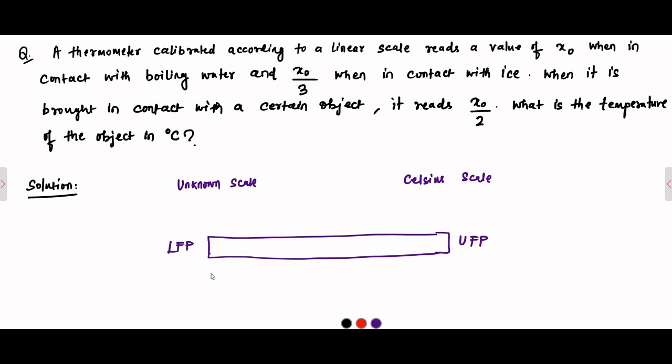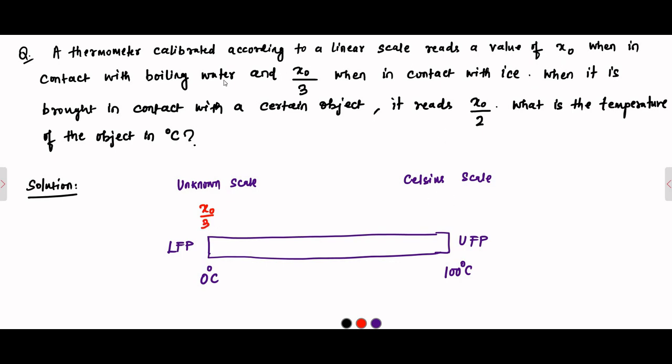Now, lower fixed point in Celsius scale is 0 degree Celsius, and upper fixed point is 100 degrees Celsius. According to this unknown scale, when it is brought in contact with ice, it reads x0 by 3. So its lower fixed point is x0 by 3.